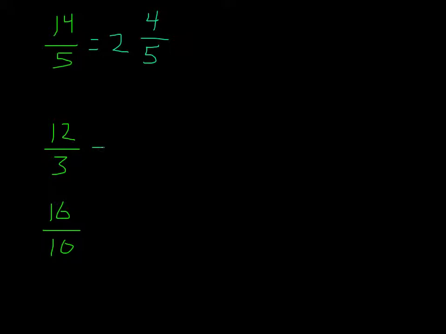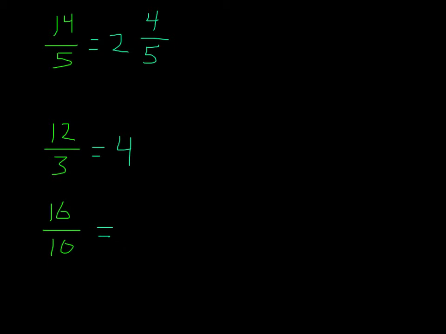We're going to try this on another one here. 12. How many times does 3 go into 12? Well, 3 times 4 is 12. Because we're not adding anything different, there's no fraction along with that. The answer would just be 4. And here we have 16/10. How many times does 10 go into 16?